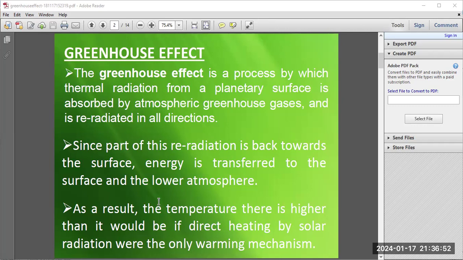Means the normal temperature due to the direct heating from the sun, plus the rediverted energy from the atmosphere or the greenhouse gases, combined increase the Earth's temperature.